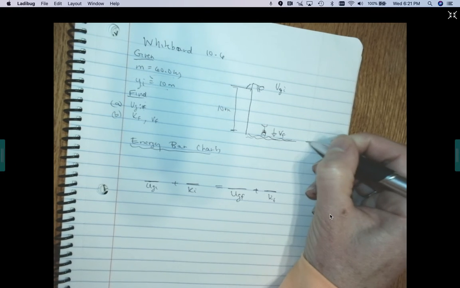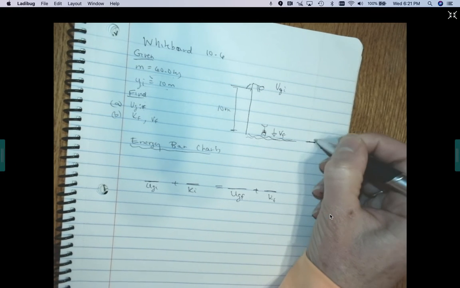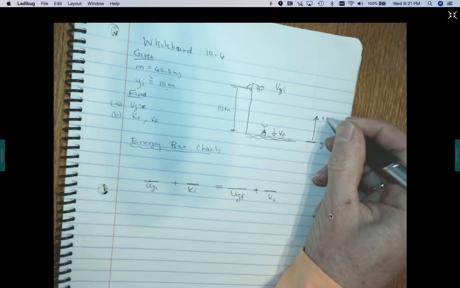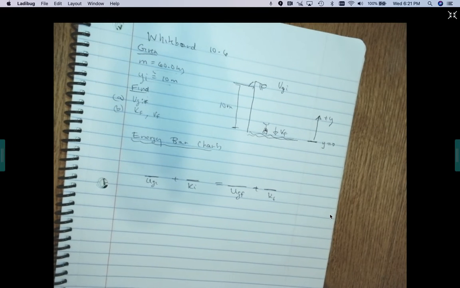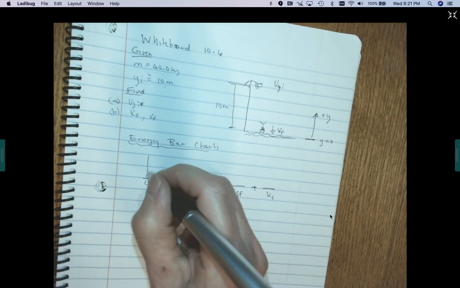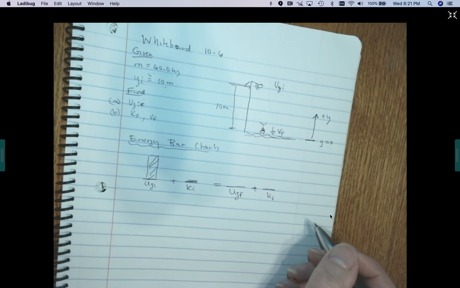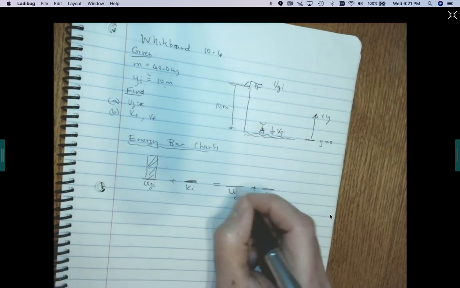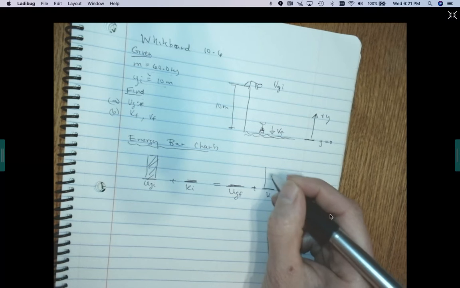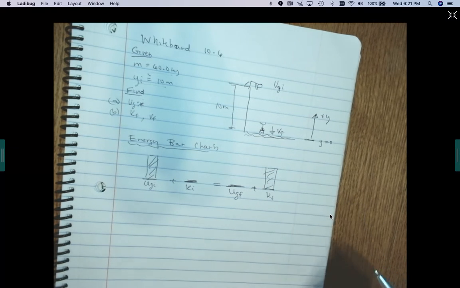So I'm going to say my y equals 0 here. That would look like all of our energy stored is gravitational, nothing in kinetic. At the bottom, we have nothing in gravitational, and everything in kinetic. Okay, so this problem is forcing us not to do algebra first.